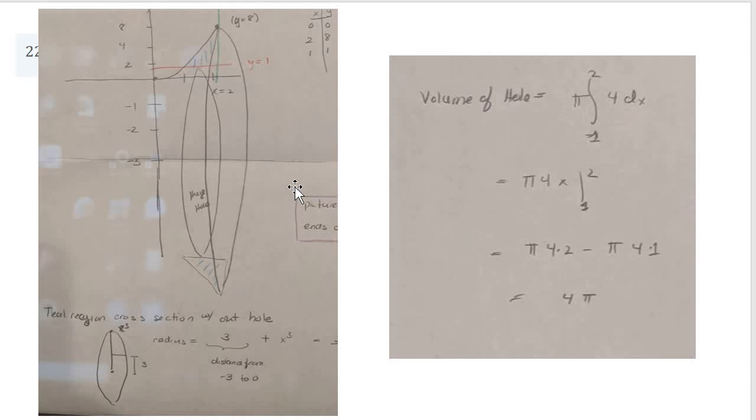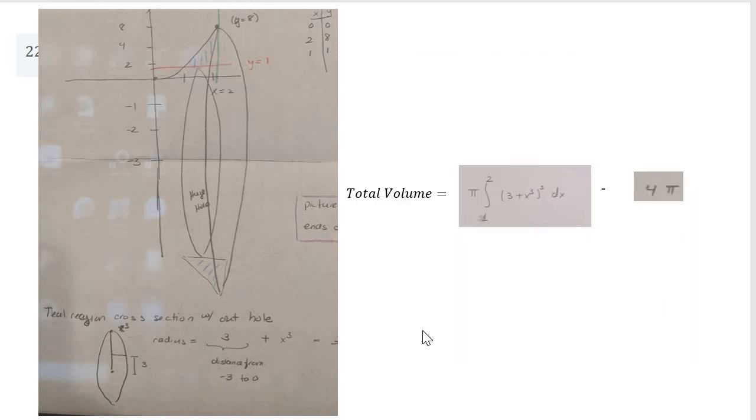Maybe Carly's 3rd grade teacher probably showed her what the volume of a cylinder was, but you can also do it by integrals. The radius is 4, pi comes out, you do the integration, you get 4 pi. So the volume of the hole is 4 pi, and you just take the original total volume of the horn and throw out the hole.